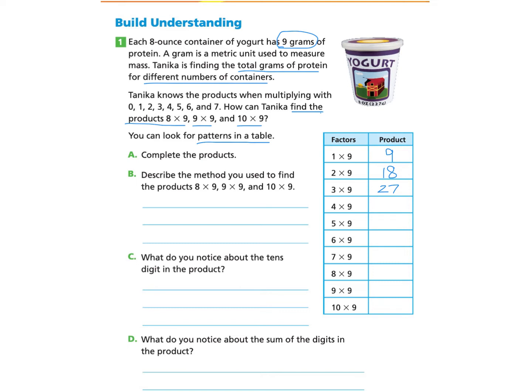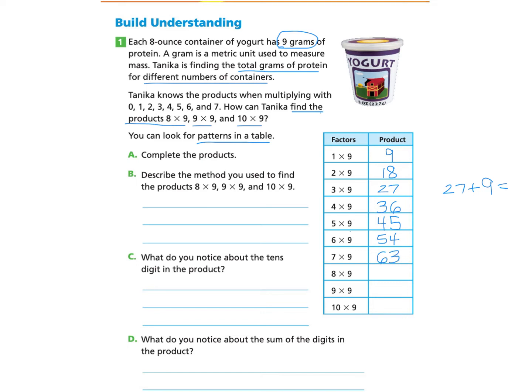Again, I could add 27 plus 9 to find this answer if I didn't know it, but I do know that 4 times 9 makes 36, and the next factor, 5 times 9, makes 45, and 6 times 9 makes 54, and 7 times 9 makes 63.